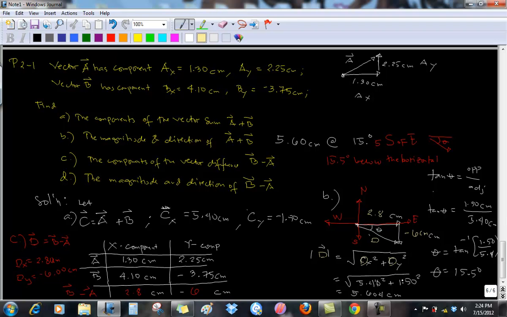So we have 2.8 squared plus 6 squared. Then take the square root, the answer will be 6.62.